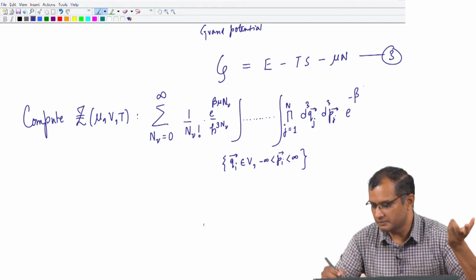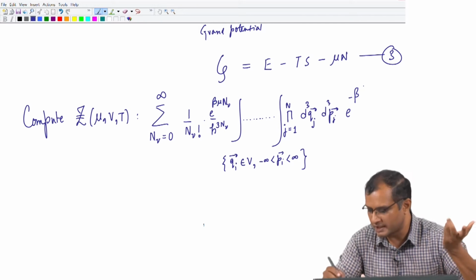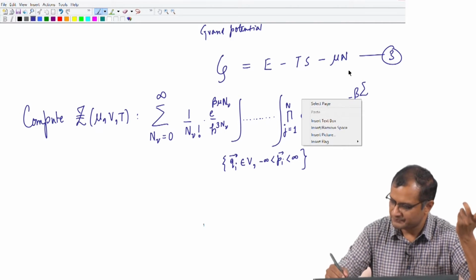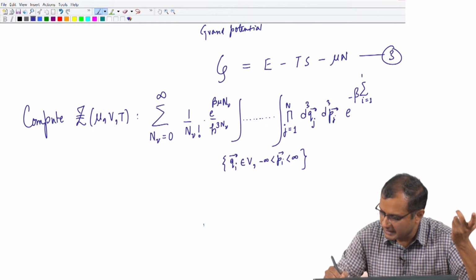So, observing that the Hamiltonian of an ideal gas is purely kinetic in nature, I will write down the Hamiltonian, which is, let us say, the sum over i going from 1 to n of pi square by 2m.